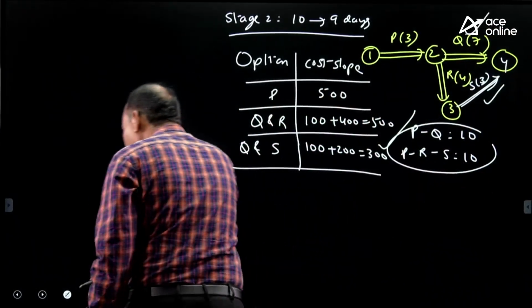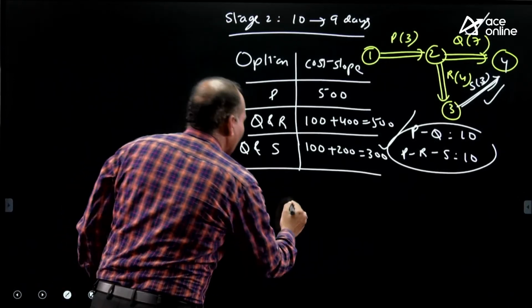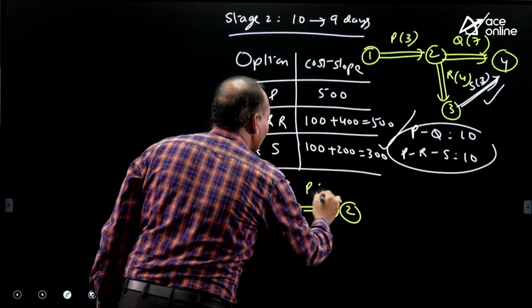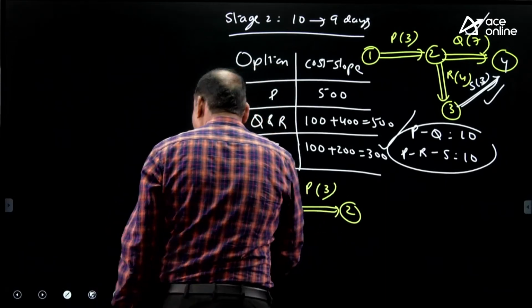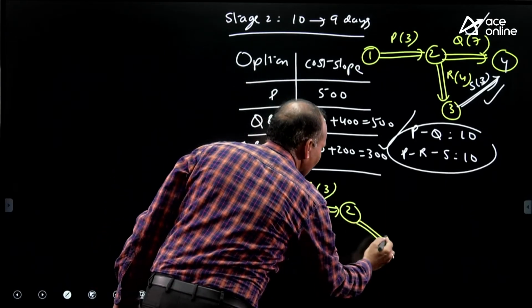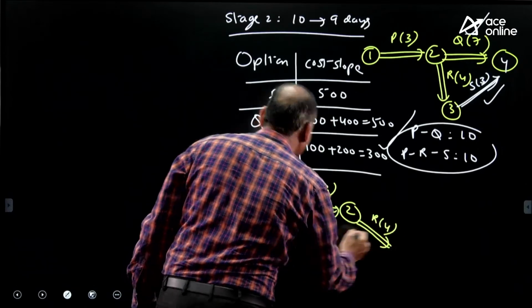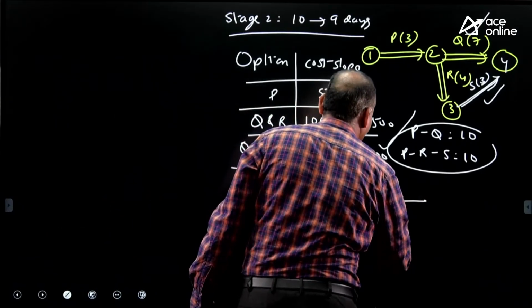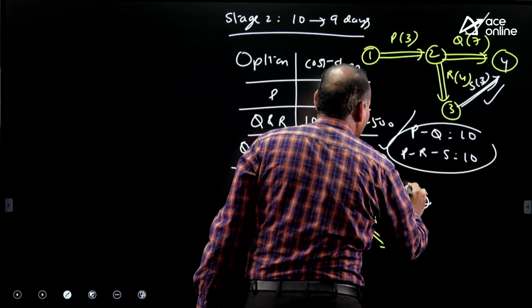How is the diagram modified? 1, 2, P 3. In place of Q, we can change the duration: Q duration 6.